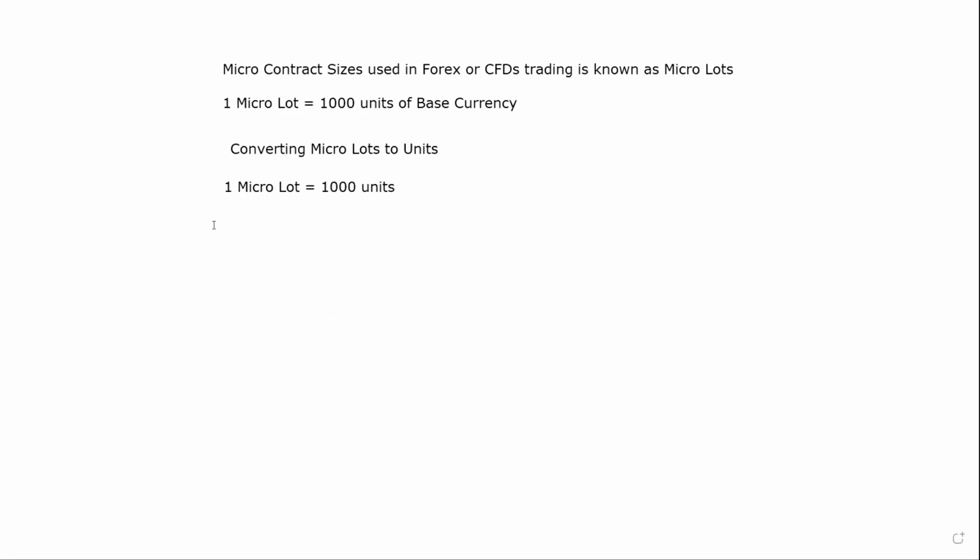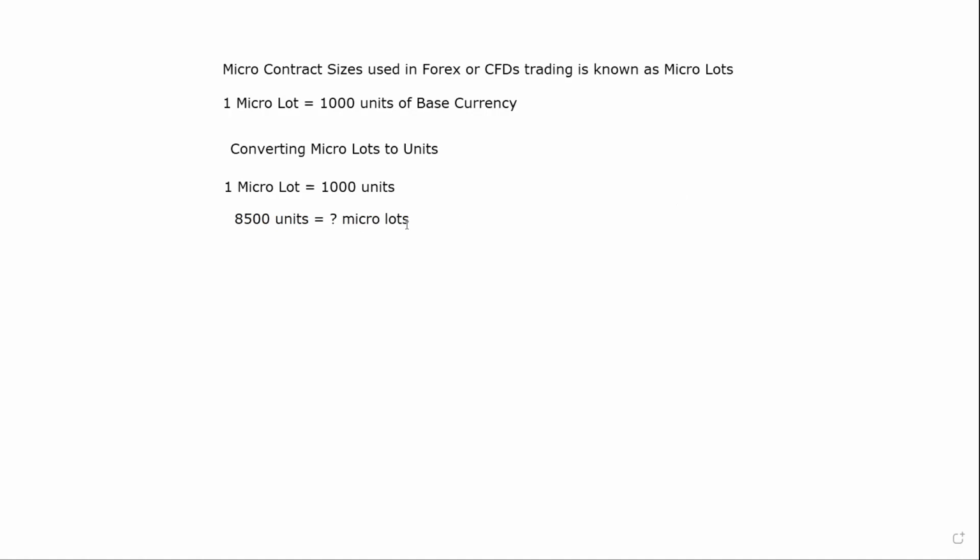All right, so okay, we know that 1 micro lot is equal to 1,000 units. Now we have to take 8,500 units and convert it into micro lots. So how are we going to do that?